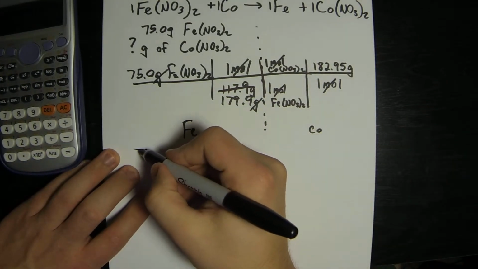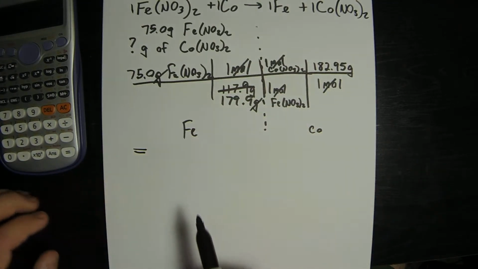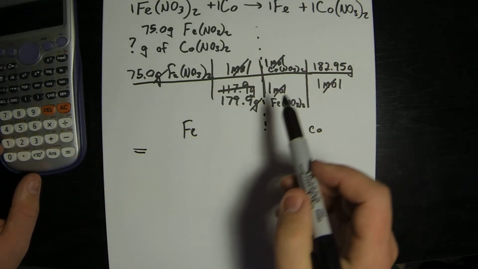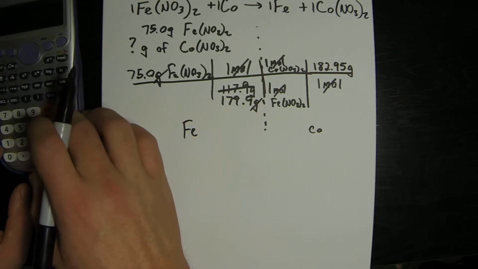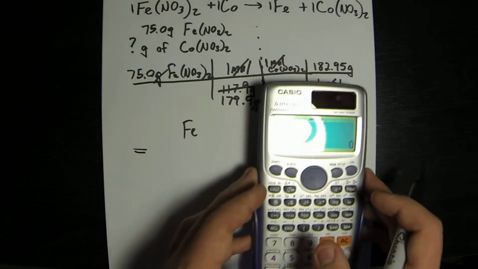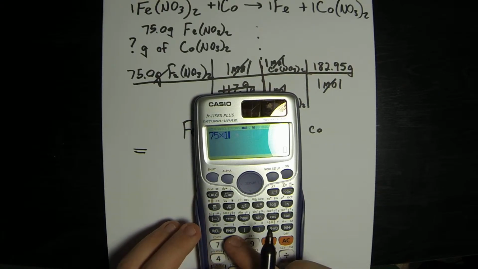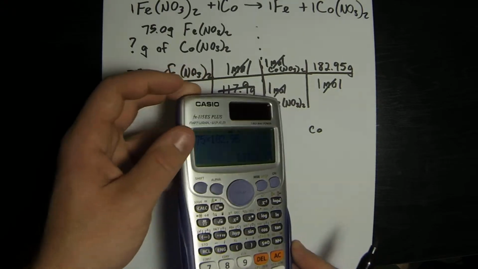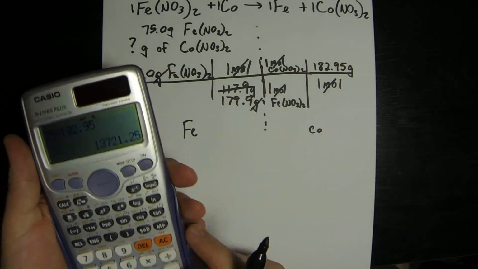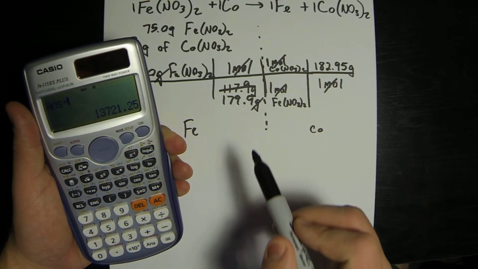So multiplying this all out, the answer is all the top multiplied, divided by all the bottom. We just have 2 things to multiply on the top because these are just ones, and multiplying anything by 1 is pointless, right? So we'll go 75 times 182.95 equals that huge number, 13,721. Divide that by all the bottom, but these here are just ones, so I can ignore them.